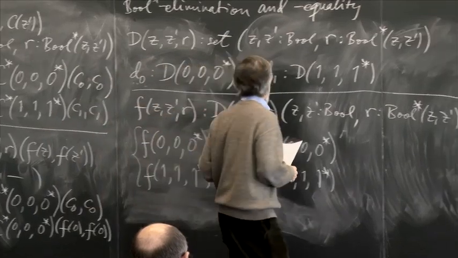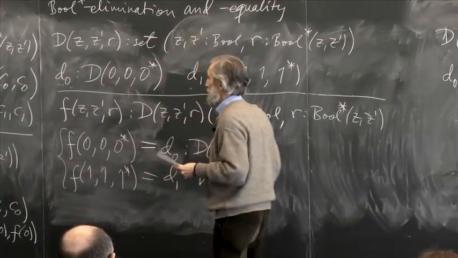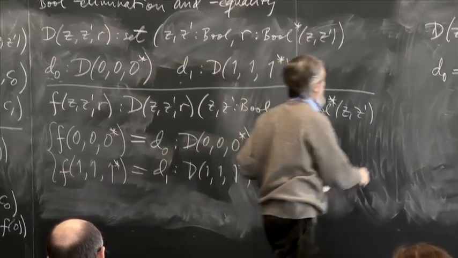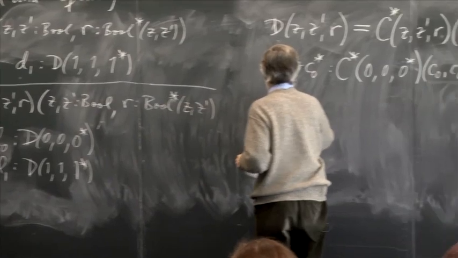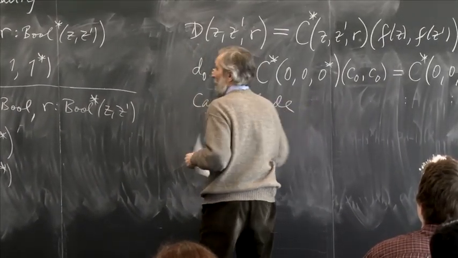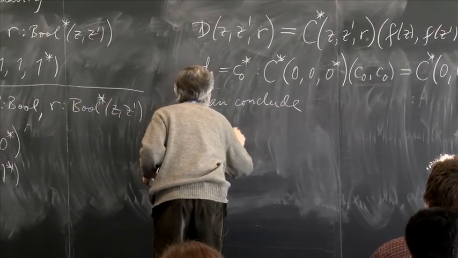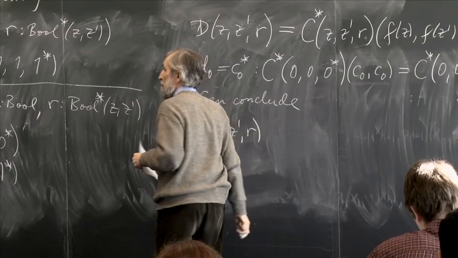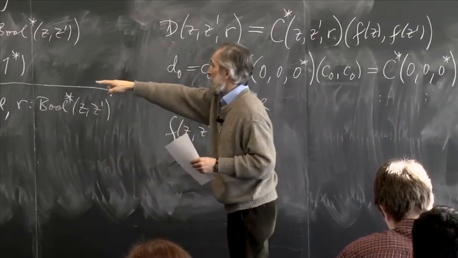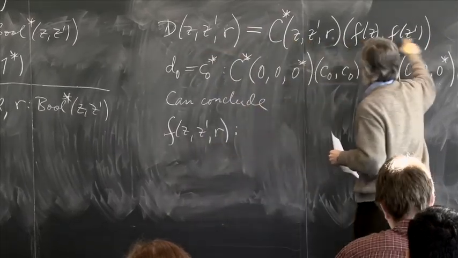And that means that we can conclude by this rule that f of z prime r is in d of z prime r, but that was defined this way.